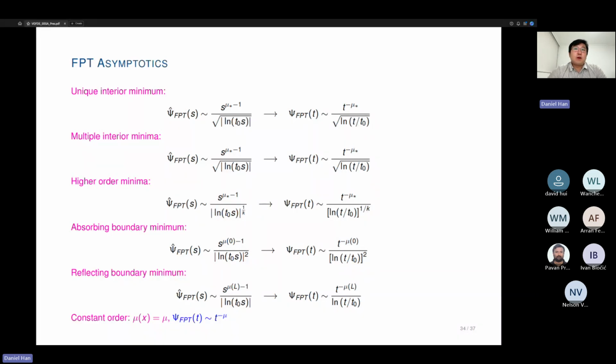And so this provides a very, very powerful tool now, because we can go into experiments and probe whether what we see is variable order fractional diffusion.